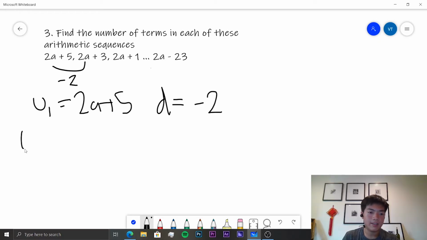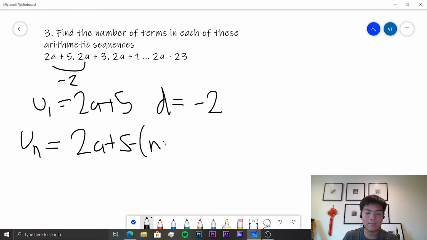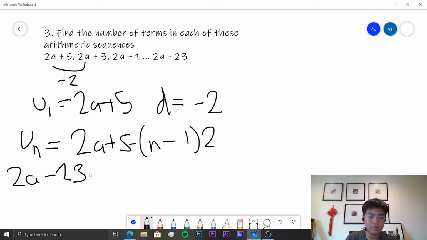So we have the nth term as 2a plus 5 minus n minus 1 times 2. Our last term, 2a minus 23, is equal to 2a plus 5 minus n minus 1 times 2.